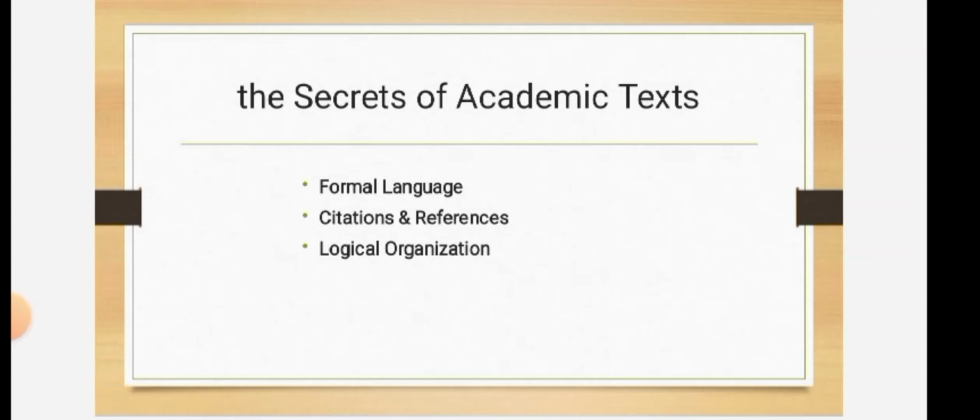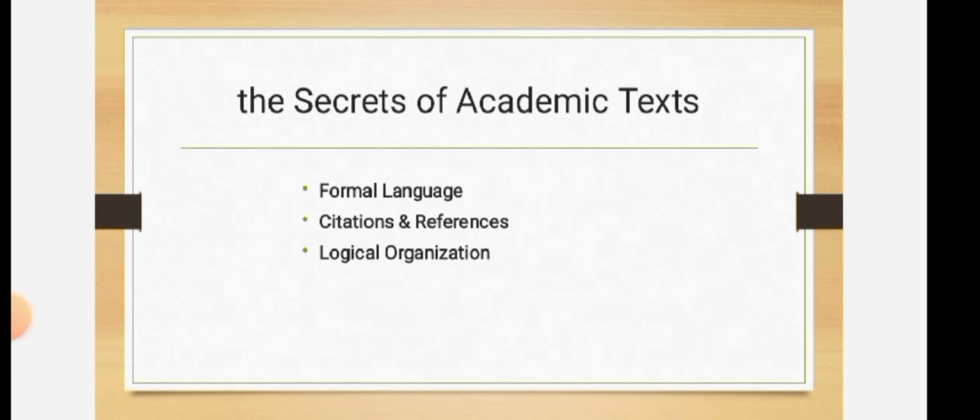So, the secrets of academic text. Academic texts are a unique breed, and understanding their characteristics will help us navigate them effectively. First, formal language. Academic texts use precise vocabulary and complex sentence structures to convey detailed information.